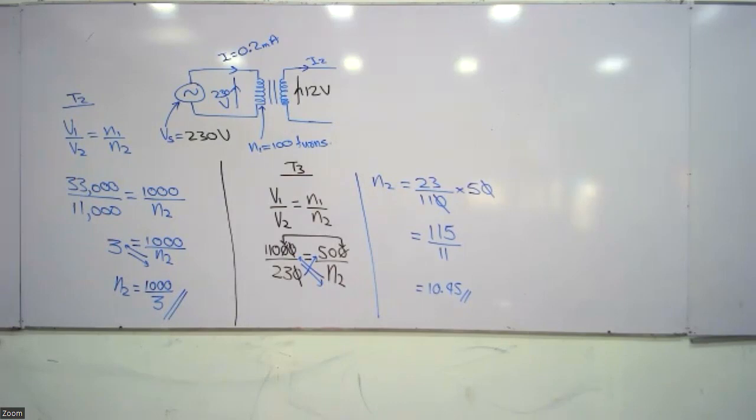Roman number 1. How many turns should be in the secondary coil?